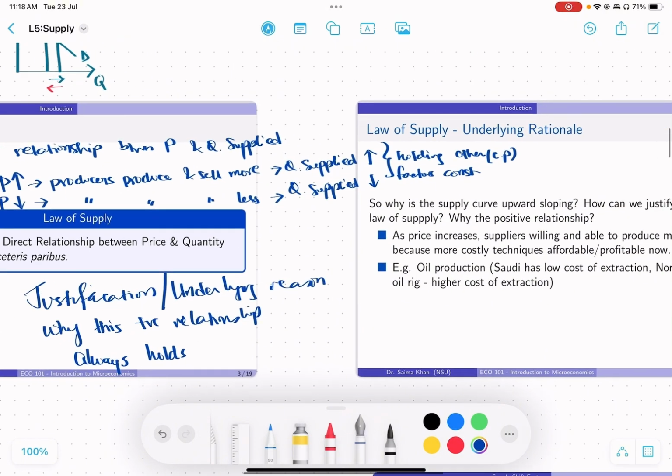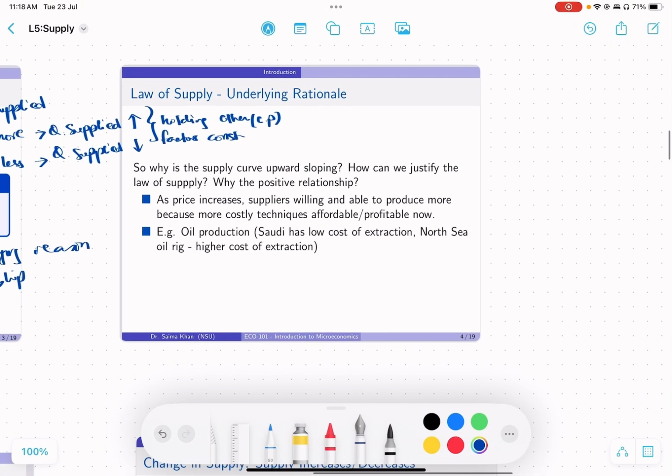For that, we come to the next slide, and let's see what it's telling us. We're asking the question, why is it that the supply curve is upward sloping? That means that there's a positive relationship between price and quantity supplied.